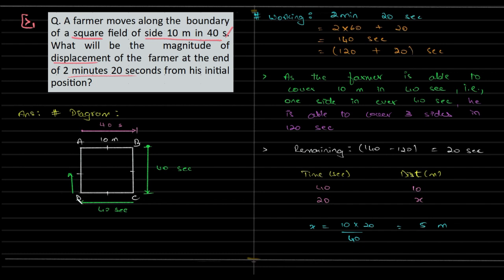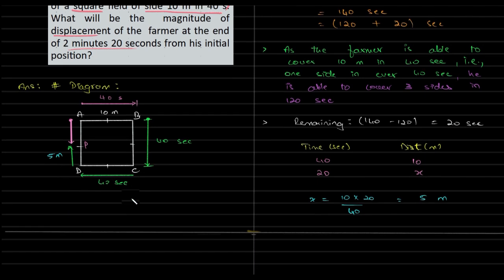So if the person is able to cover from D a distance of 5 meters, what will be the displacement? The displacement would be the remaining path, A to say P. So how much is AP?